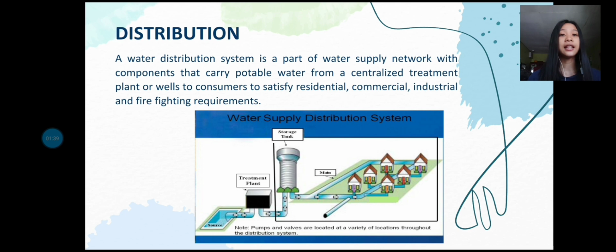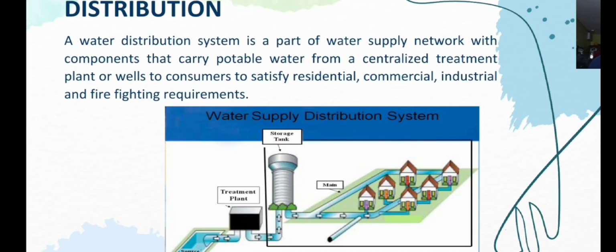So, yung nalinis and na-imbak ng water dun sa storage tank, ibig sabihin is ready na itong i-distribute sa mga bahay-bahay para pakinabangan at gamitin sa kanilang pang-araw-araw. Note, pumps and valves are located at a variety of locations throughout the distribution system. Ito yung nagsisilbing tulay upang ma-distribute yung mga water sa isang town.